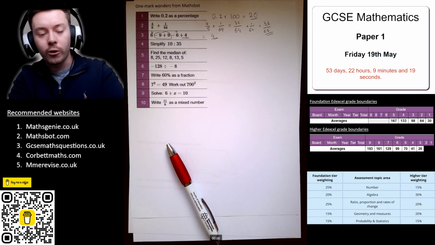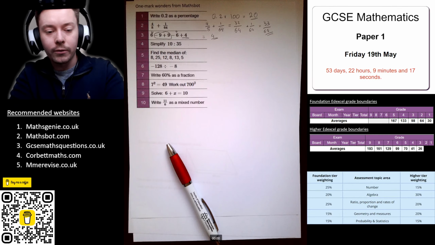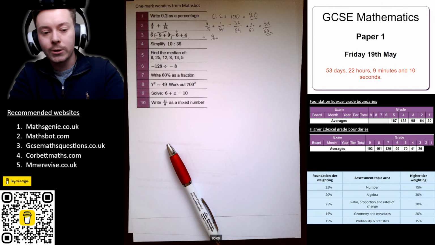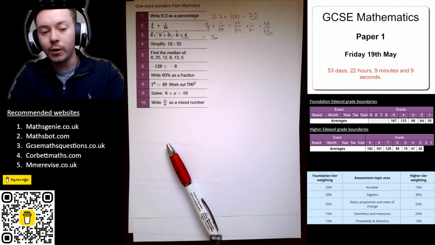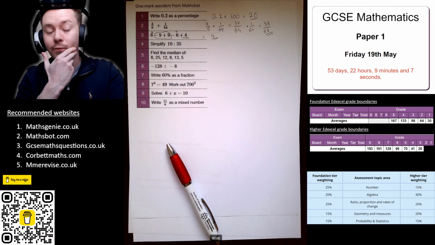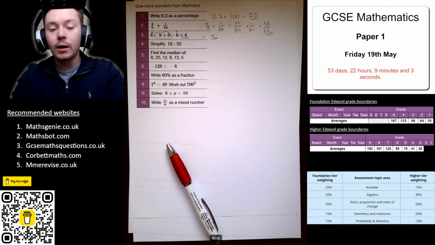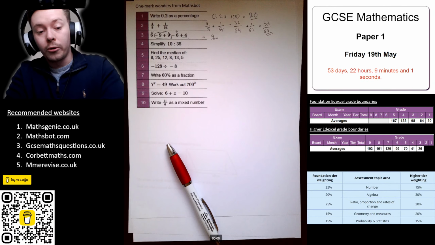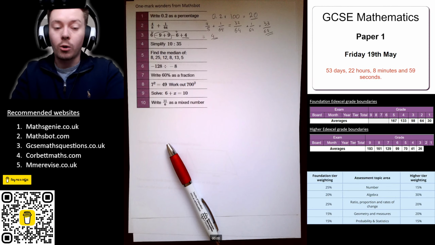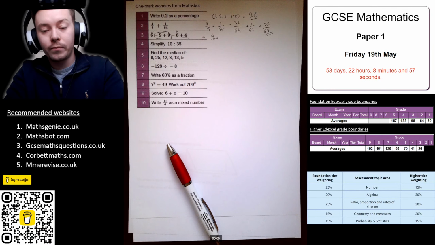Right, simplifying 10 to 35. Now, you simplify these in a similar way to how you'd simplify fractions. You look for the highest common factor, and then you can divide both numbers by that. If you can't find the highest common factor, you can divide both by one number that goes into both, and then keep going until you can't divide both by the same number, apart from obviously 1.